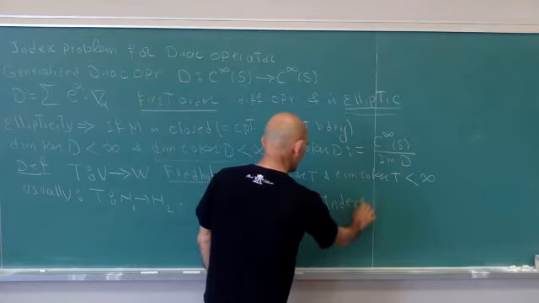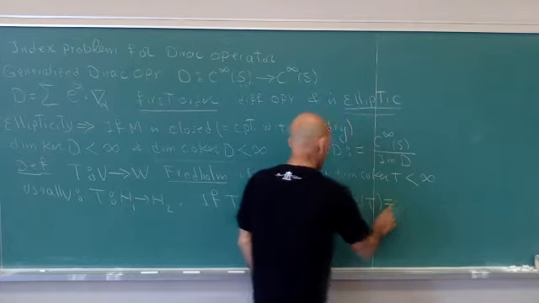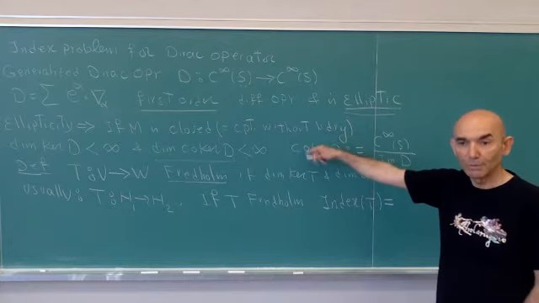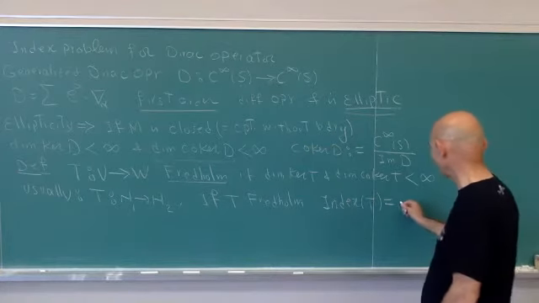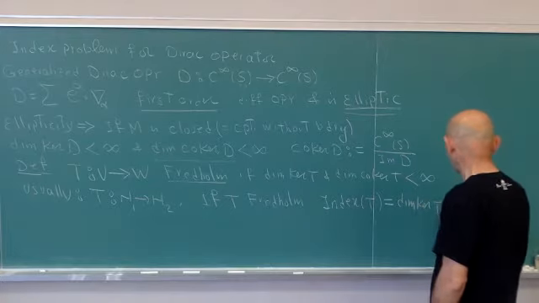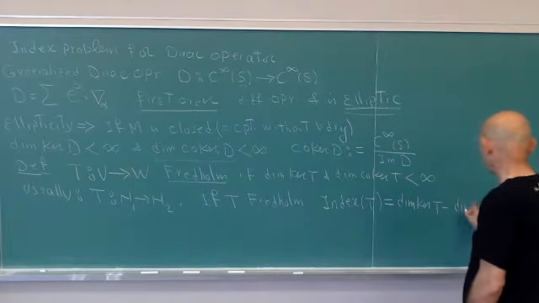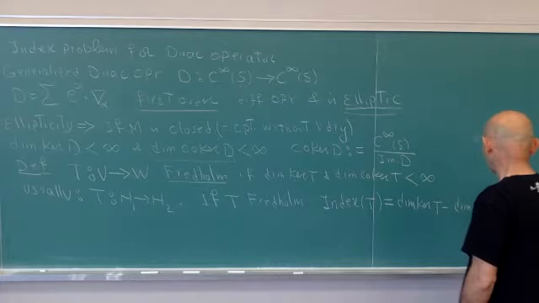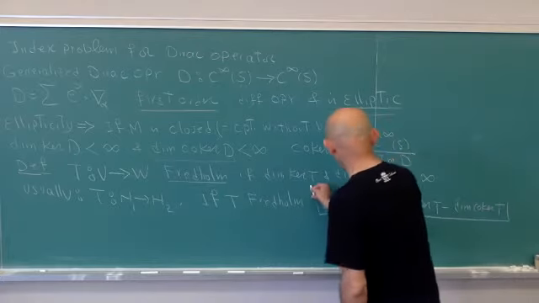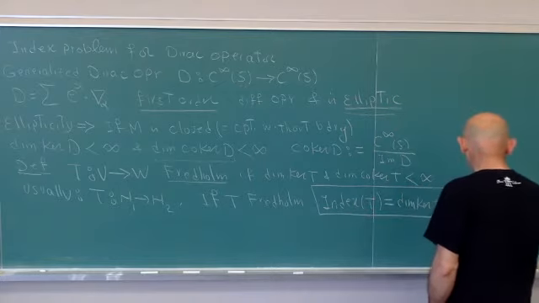The index of T is defined as the dimension of the difference between these two quantities: the dimension of the kernel of T minus the dimension of the cokernel. So this is the fundamental concept of index.